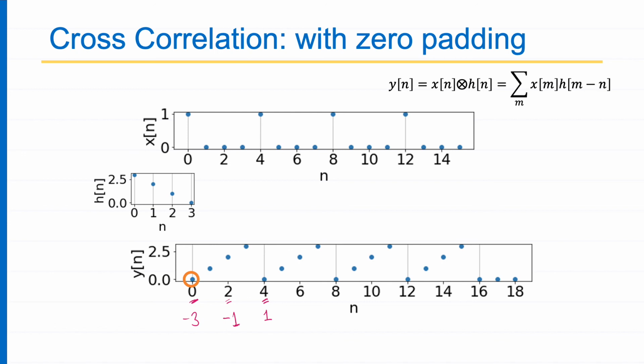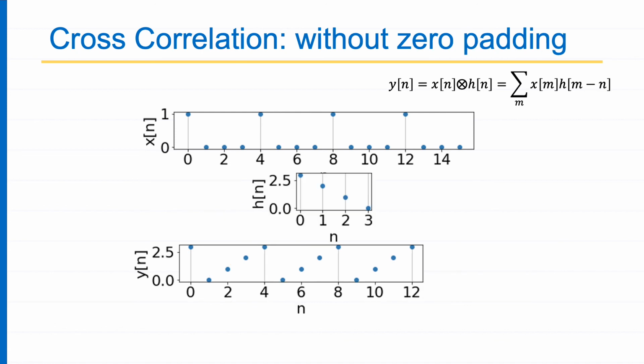Okay, now next y of minus 2. Now h of n gets shifted by minus 2, which means h of m plus 2. Similarly, the same element wise product and summation over everything. Then similarly y of minus 1, and in this way I can keep going.